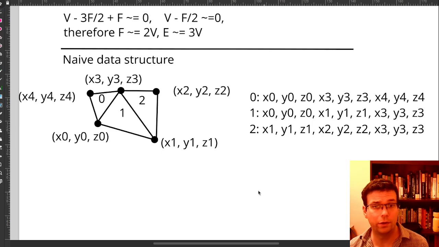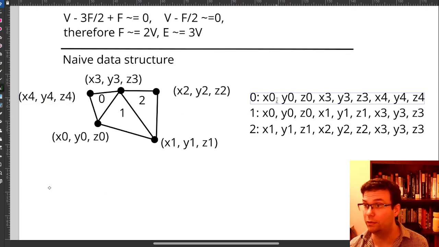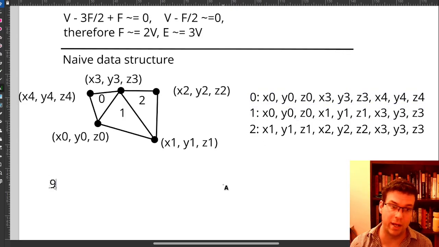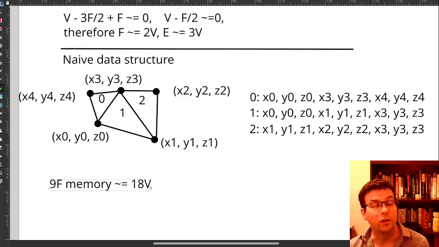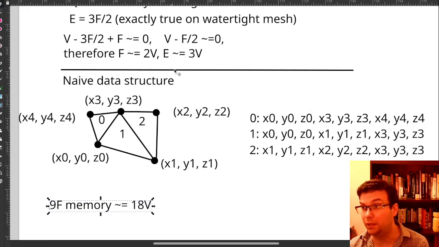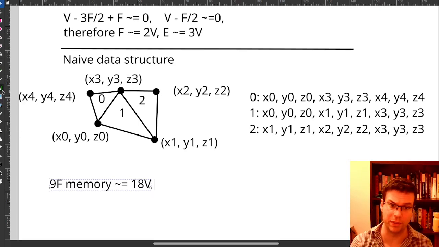Each face has 9 pieces of information associated to it: 3 coordinates x, y, z for each of the 3 vertices. So this takes up 9 times f memory. But this is approximately equal to 18v memory, because the number of faces is approximately 2 times the number of vertices.